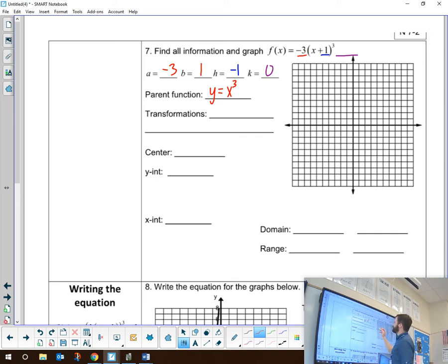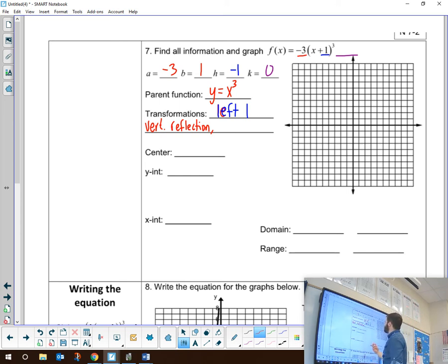Now let's talk about our transformations. My first transformation, with this -1 for h, is I'm going to go to the left 1. My next transformation, since a is negative, I'm going to have a vertical reflection. And my last thing, since a is 3, we're going to stretch up and go up even faster.